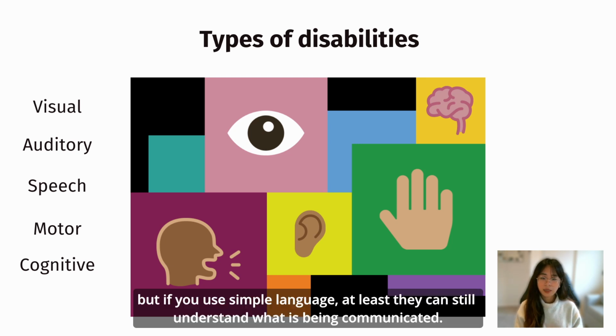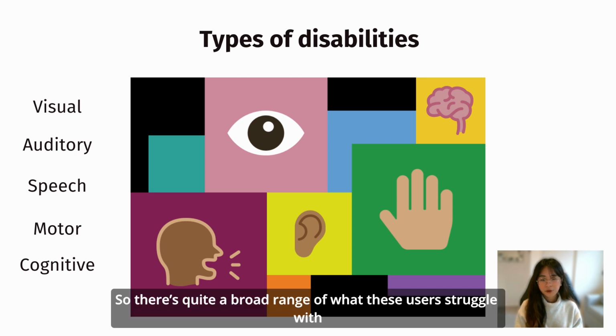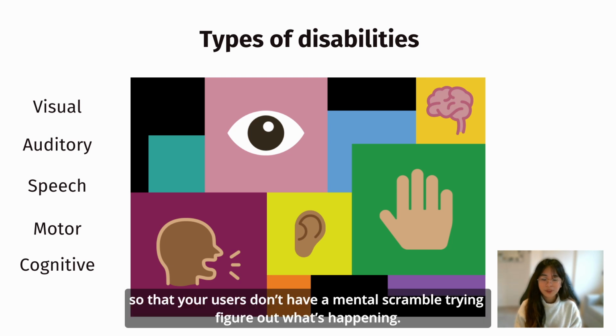But if you use simple language, at least they can still understand what is being communicated. So it's quite a broad range of what these users struggle with, but the key idea is to present things in a way that is easy to navigate, easy to understand, so that your users don't have a mental scramble trying to figure out what's happening.